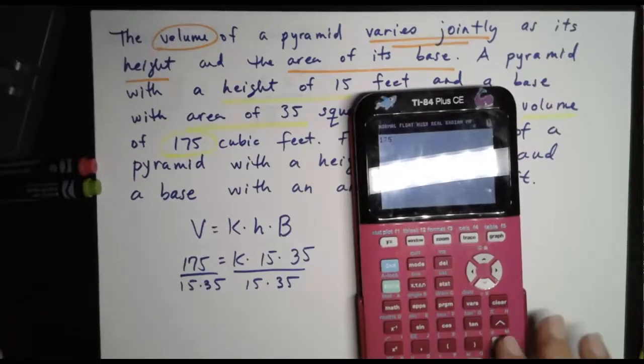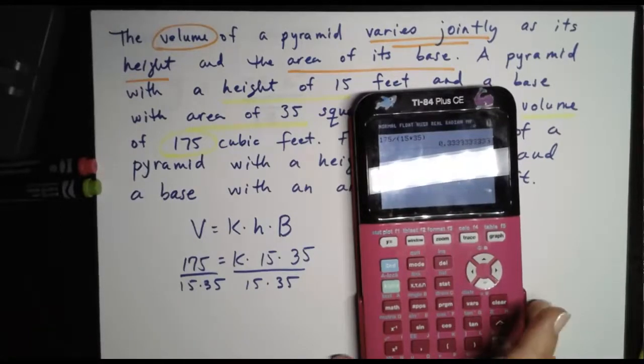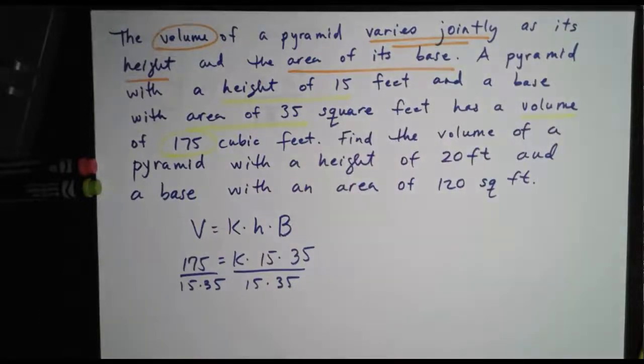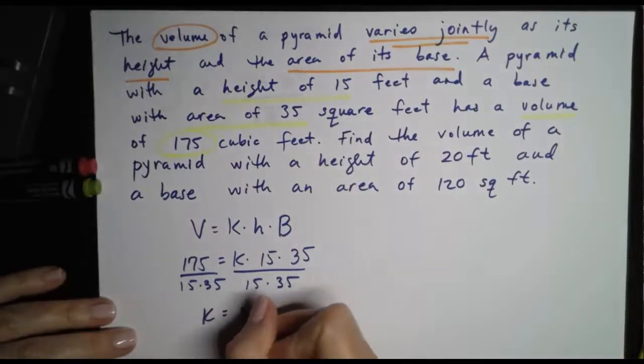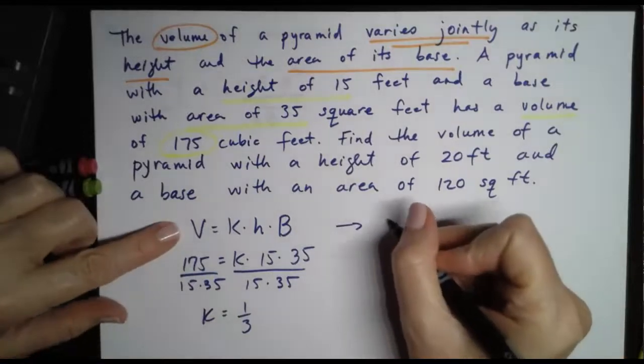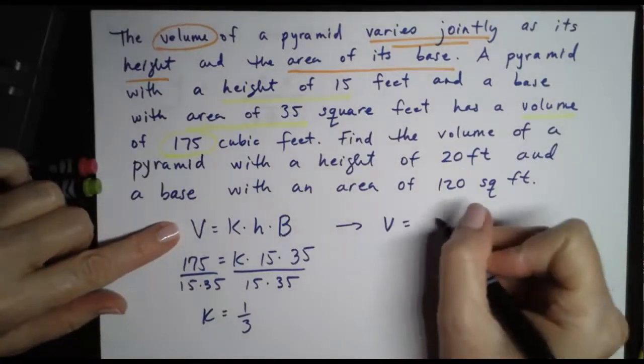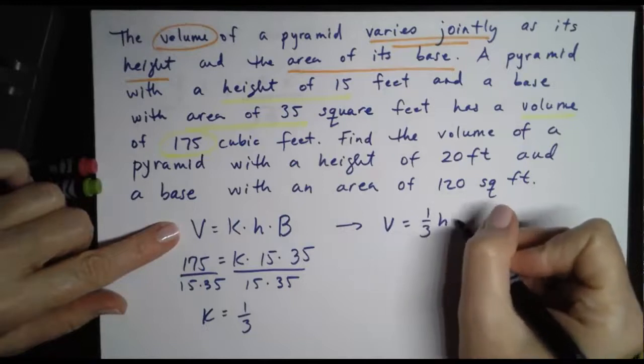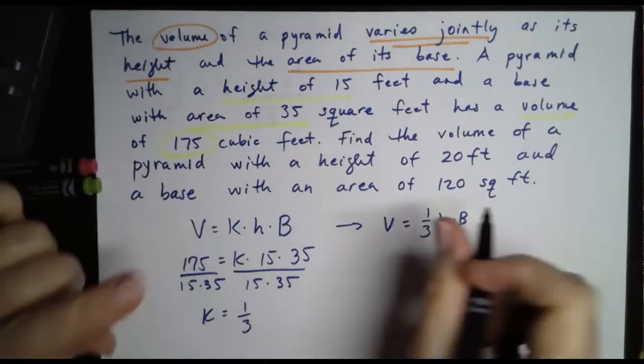So 175 divided by 15 times 35 gives us 1/3. We have a constant of variation of 1/3. So K equals 1/3. Rewrite our variation statement. Volume equals 1/3 of the height times the area of the base.